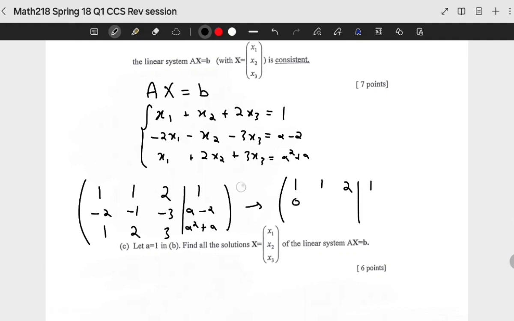If we multiply this by 2 and add it, we get 0, then 1, then 1, and then A. Then I'm just going to do the 2 steps right now. So if I multiply this by minus 1 and add it to the third row, we get 0, then 1, then 1, then A squared plus A minus 1.